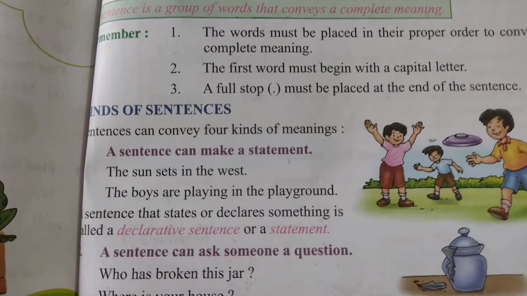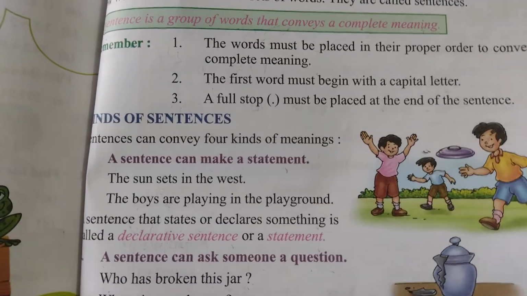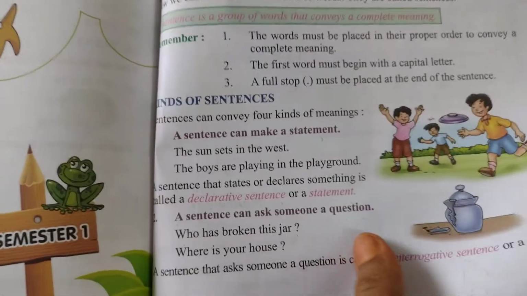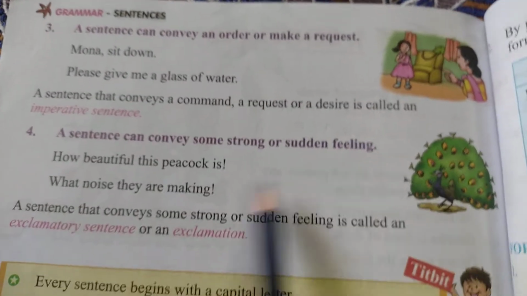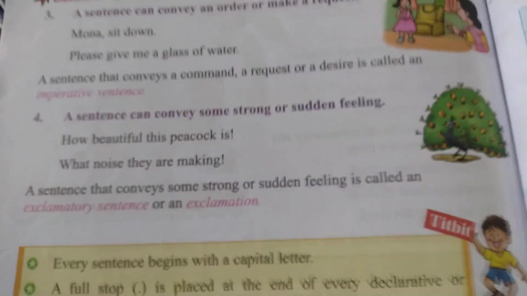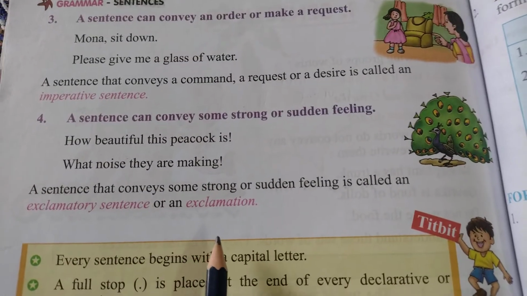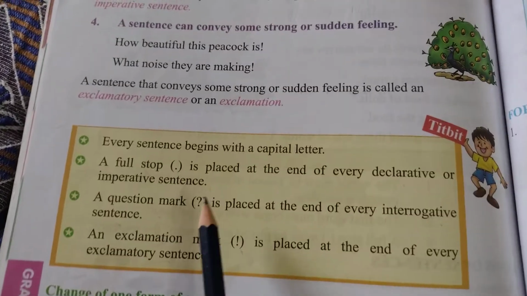The first one is a declarative sentence or a statement, and the next one is a question or an interrogative sentence. The third one is the imperative sentence, which gives a command or a request, and the last one is the exclamatory sentence or exclamation.